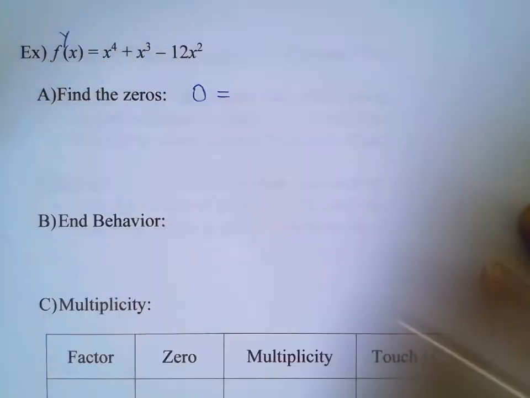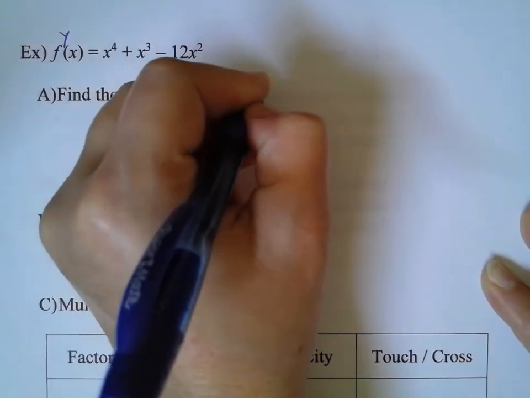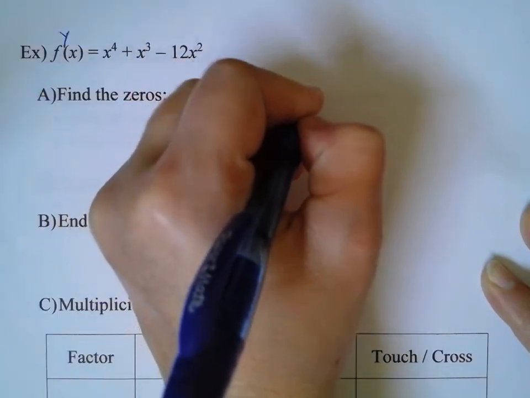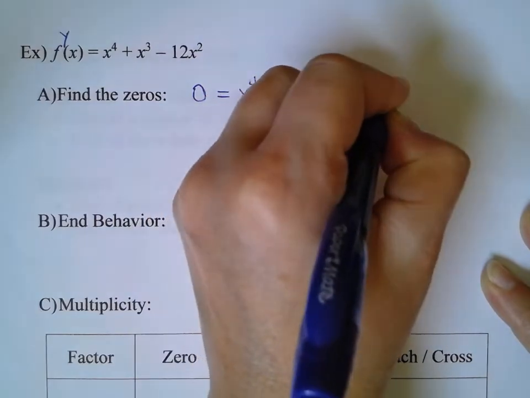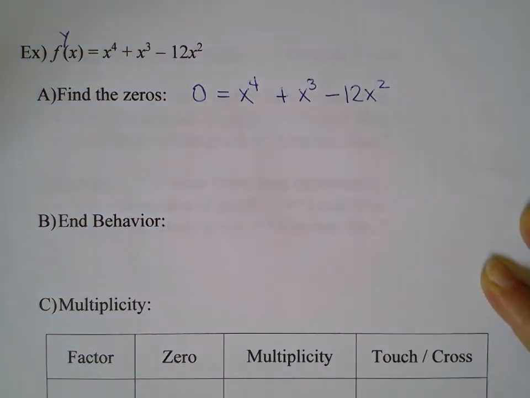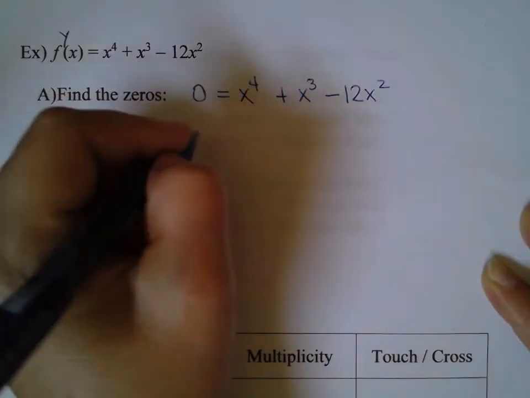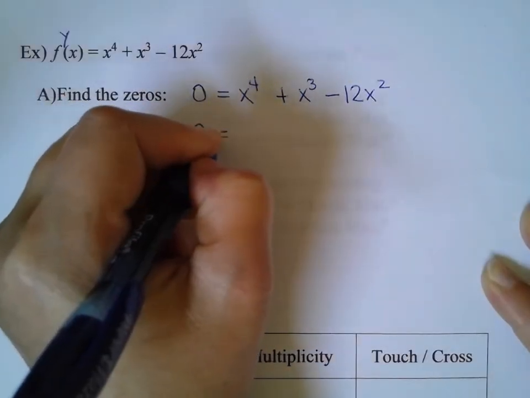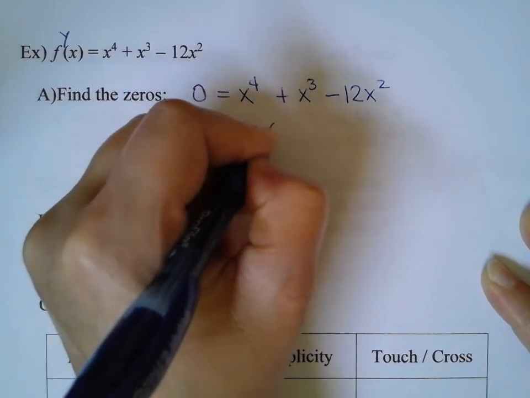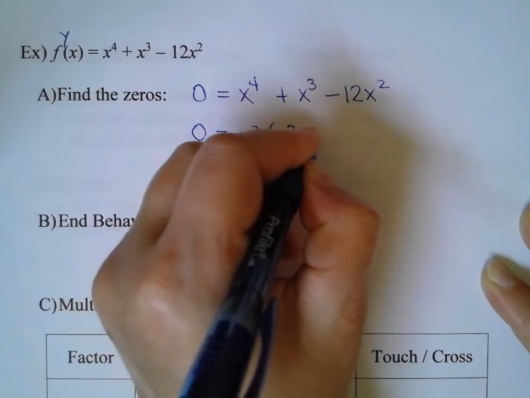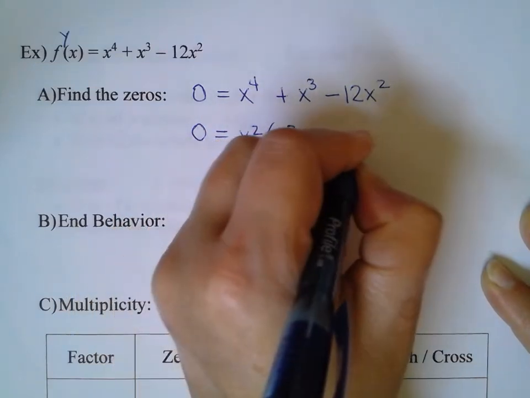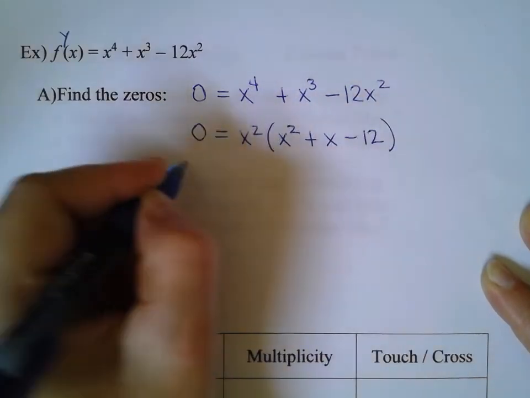So we're going to put in the 0 for y. And I can solve by factoring here as well. So I see a GCF this time of x squared. And I'm going to have x squared plus x minus 12 left over.